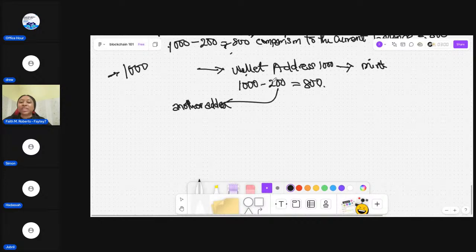But once this 200 is burnt, it's not in supply anymore. It is not in the ecosystem, it's not in the economics anymore. Then total supply is going to reduce, and your total supply becomes 800. But in this scenario, total supply remains 1,000. It never reduces. It is just the balance in the wallet that holds that 1,000 that has reduced.